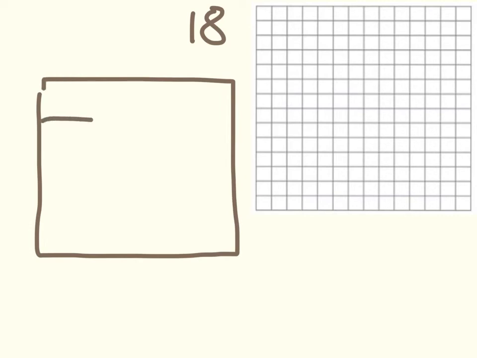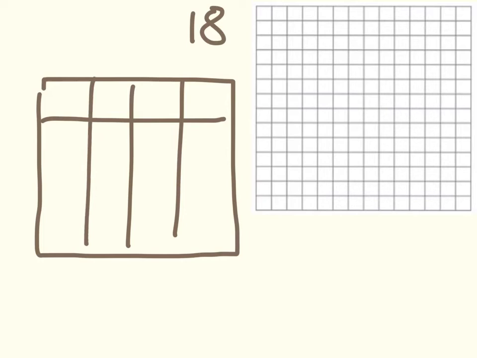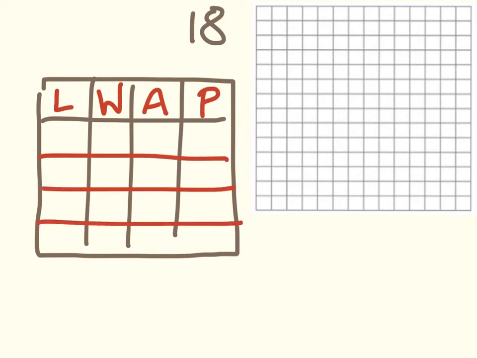And remember, my table has to have room for my length, my width, my area, but we're not filling that in yet, and my perimeter. I'll have some different options here. Alright, so my perimeter has to be 18, that I know, 18 centimeters. So length plus width times 2 equals 18.